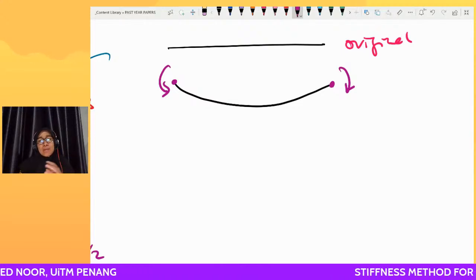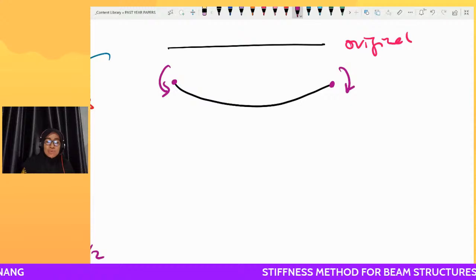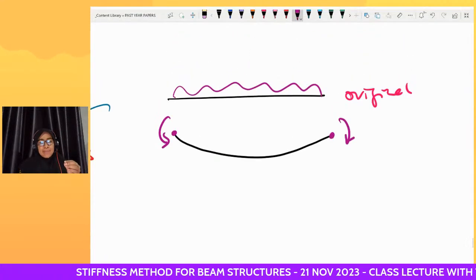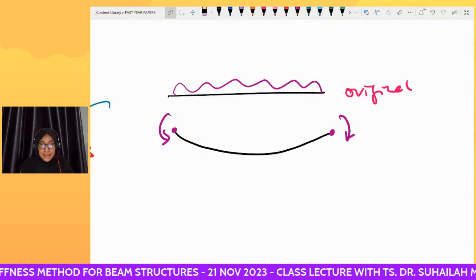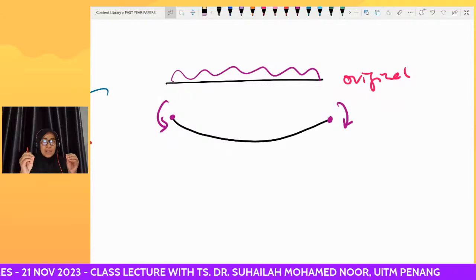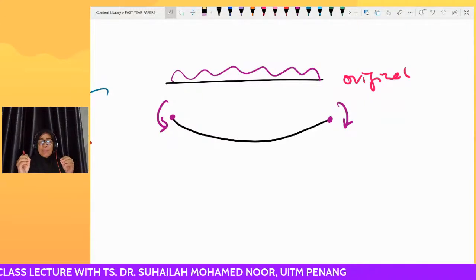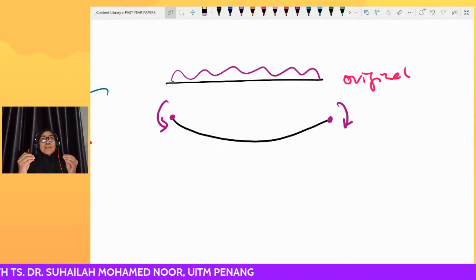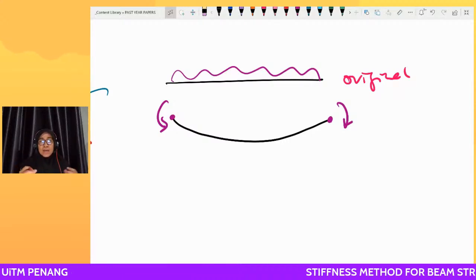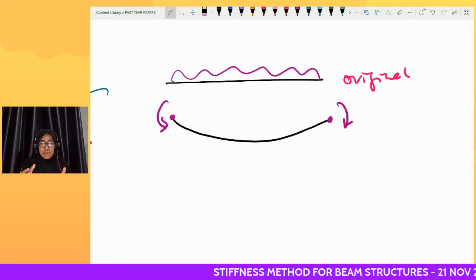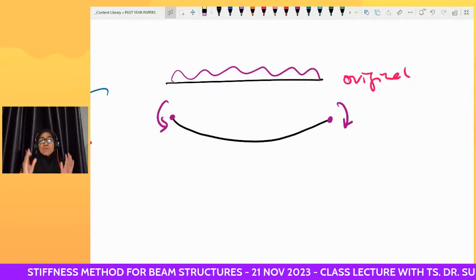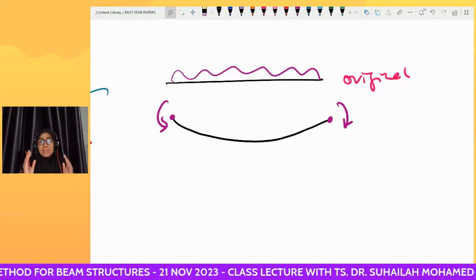Fixed end moment is behavior. Due to loading, the beam deflects, bends. Because of the fixed support, we assume that both ends are fixed. Fixed end reaction, fixed end action, we have to assume that both ends are fixed. That is why we get moment.